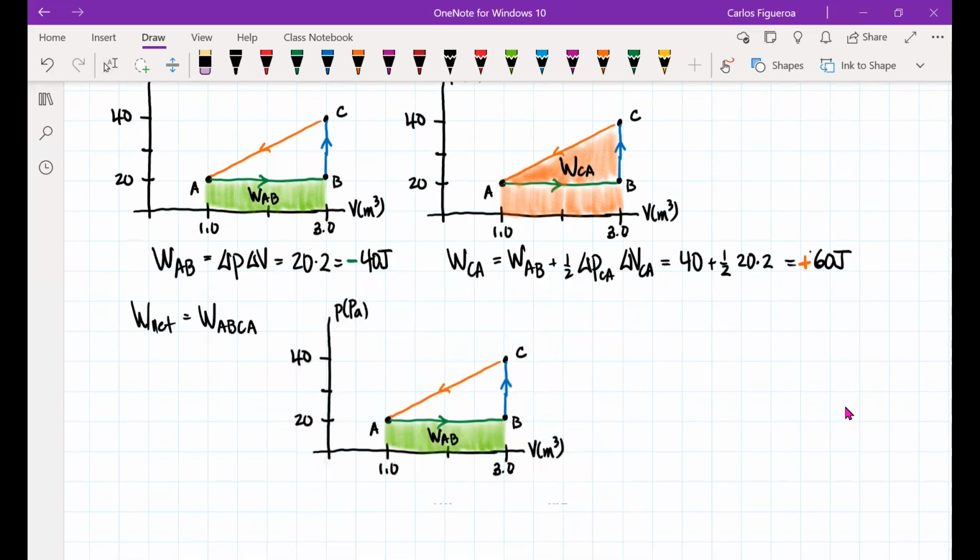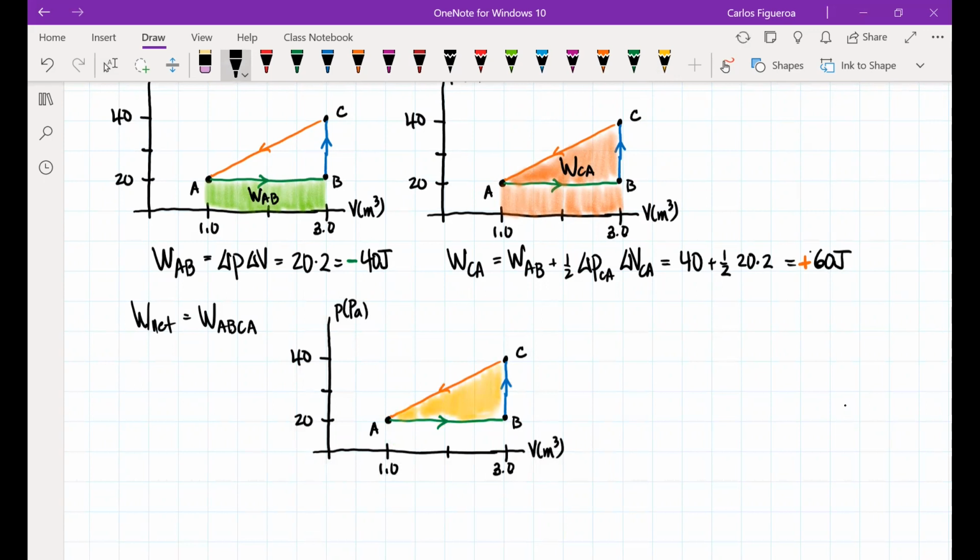Well, for starters, note that the green is negative and the orange is positive. So I get minus 40 plus 40. So the only area that I'm looking at for the net work is the area of the triangle.